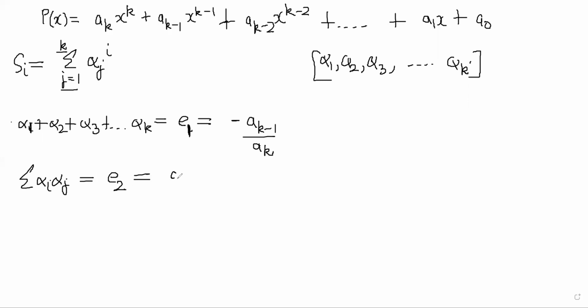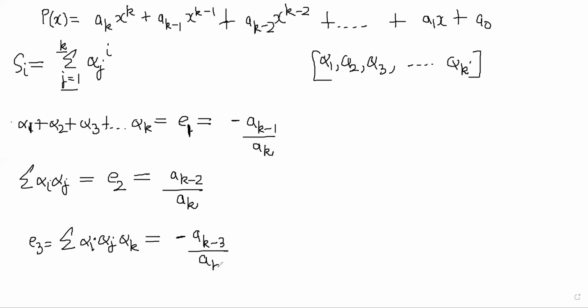That will be equal to a_(k-2) by a_k, right? Then e3 is equal to the sum of the roots taken three at a time, alpha i, alpha j, alpha k. That will be equal to minus a_(k-3) by a_k, right? And similarly, I can define the e_k polynomial, which will be the sum of the roots taken k at a time, or basically the product of the roots. So that will be minus 1 power k a_0 by a_k, right?